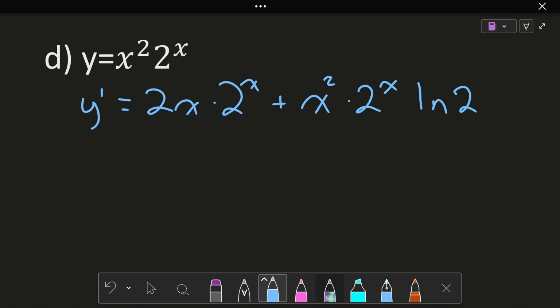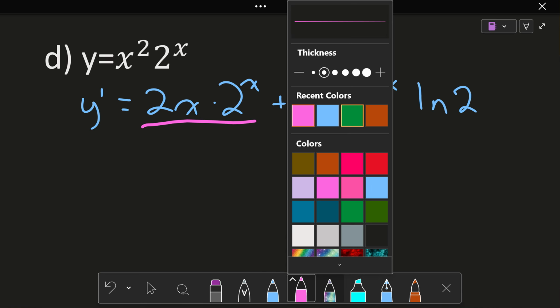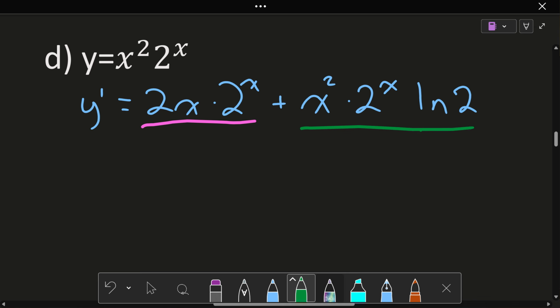This time there are definitely some common factors I can take out. I do have a 2x in the first term, and I have an x squared in the second term, so I can common factor. Looking at both terms again, there's a 2 to the x in both terms. I'll underline the first term I'm talking about, and then the second term is this part here.